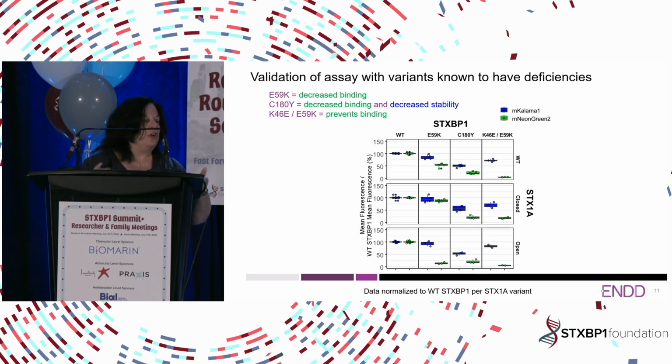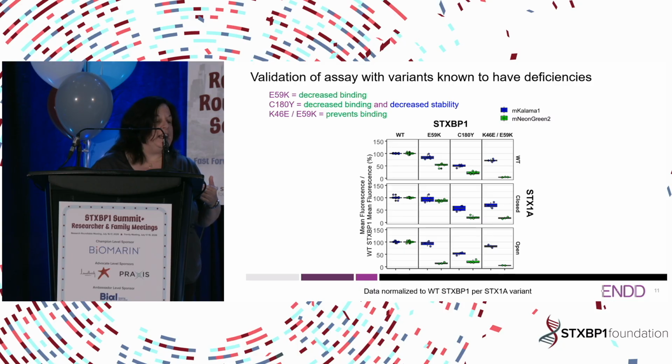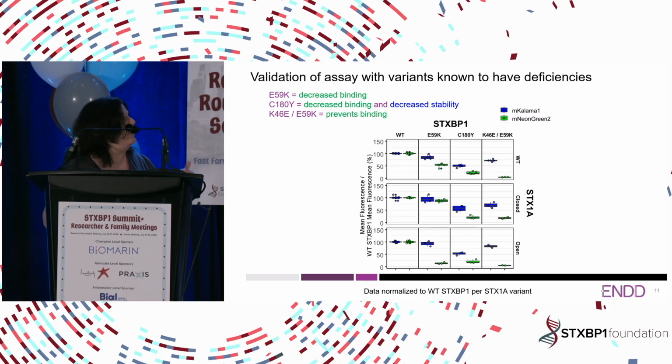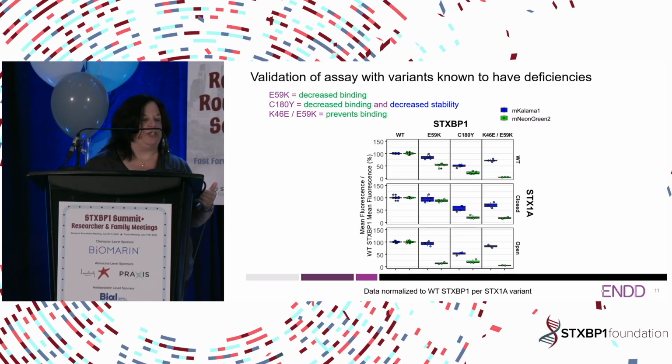variants. Looking at the C180Y, where we expect decreased stability, you can see that the level of mCALMA1 is greatly reduced with all of the syntaxin variants. Further, not only that, but we also have a further reduction with neon green.